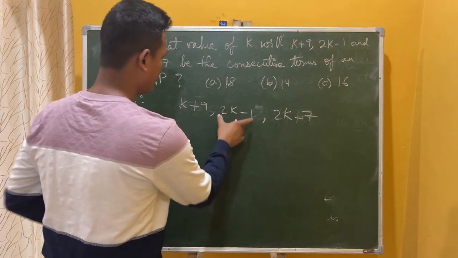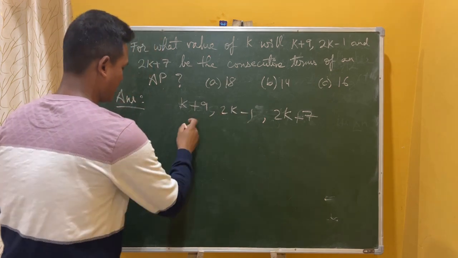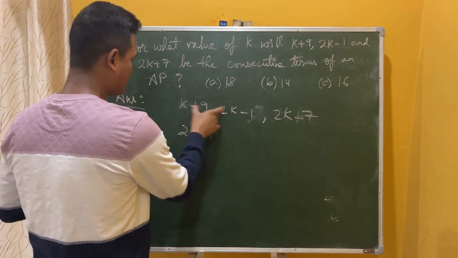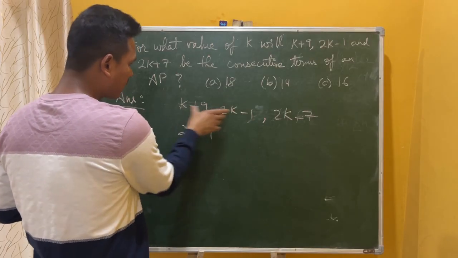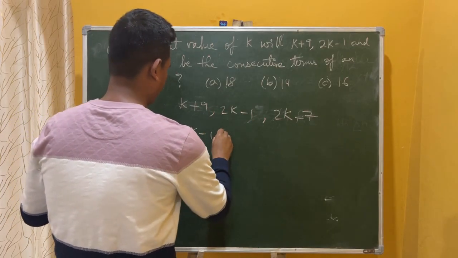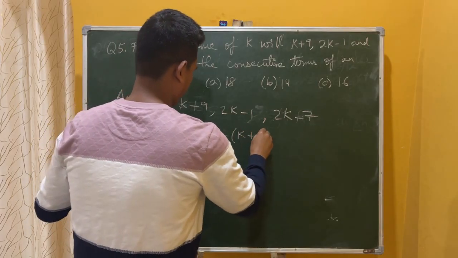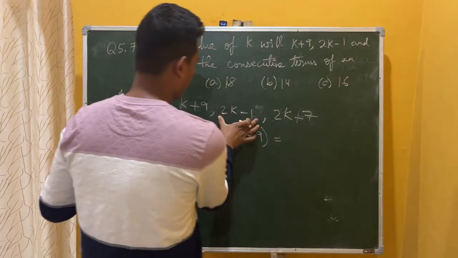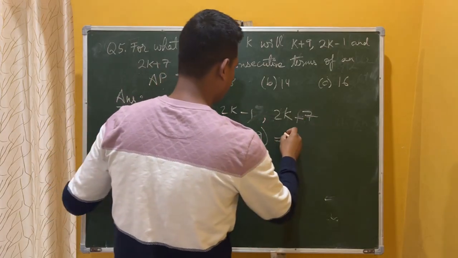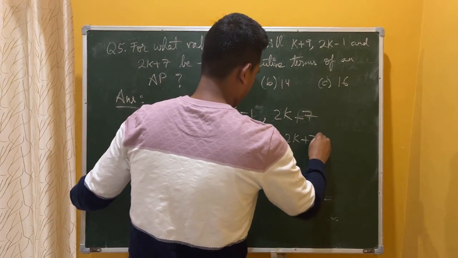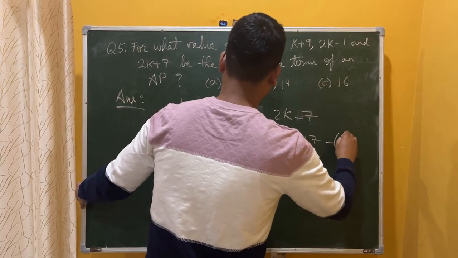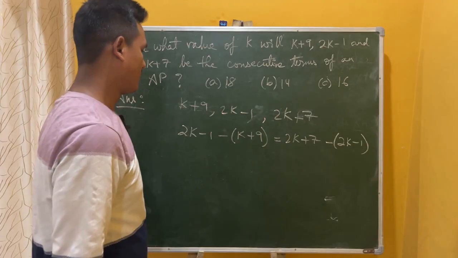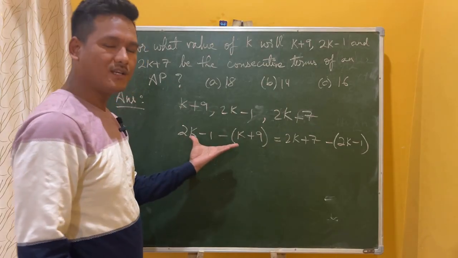So how do you find this? If you subtract this from this, and the second term from the third term, you see an equation.